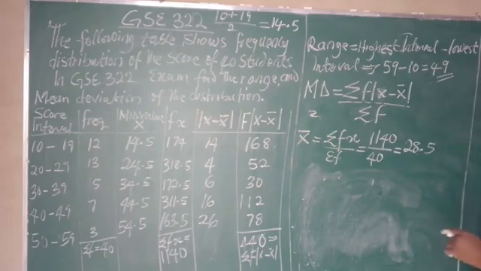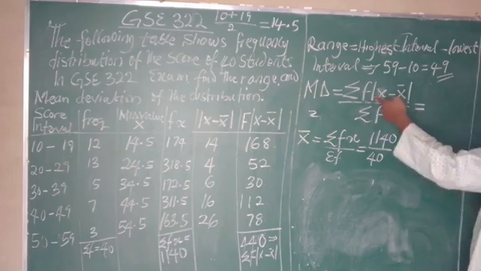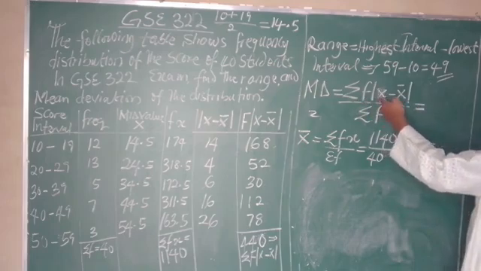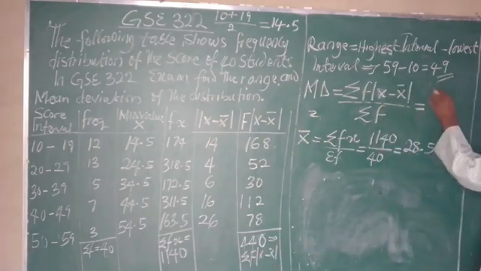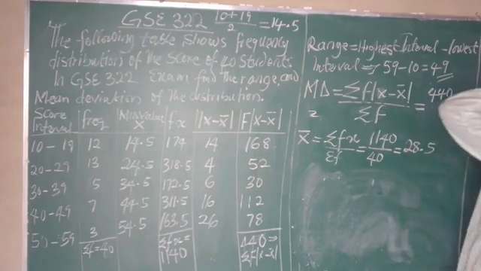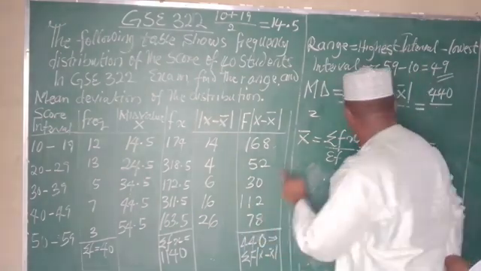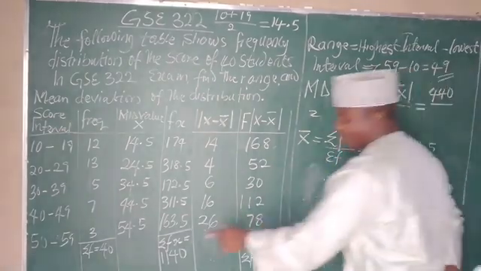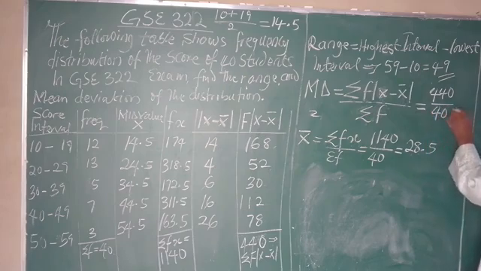So now our mean deviation is equal to the summation of f times the absolute value of x minus x bar, which is 440, divided by the summation of f, the total frequency, which is 40.